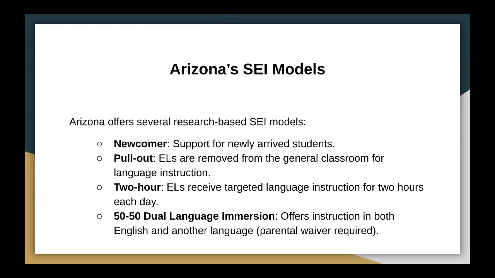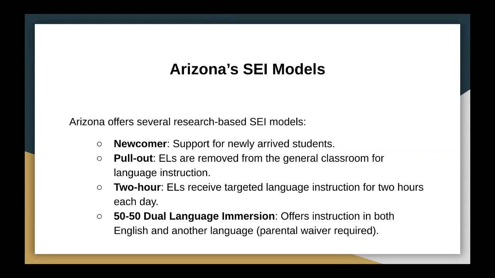Arizona provides various structured English immersion, again SEI, models to support English learner students. This allows schools to tailor services to different needs. For example, the newcomer program supports newly arrived students by helping them adjust to their new educational environment.